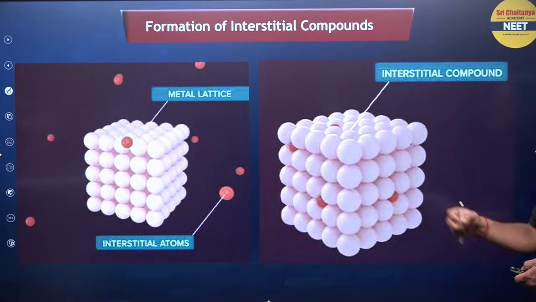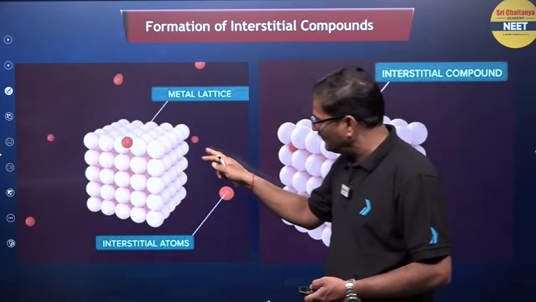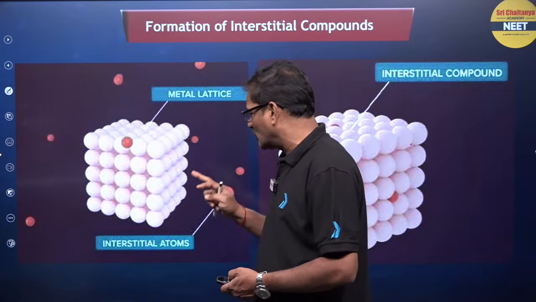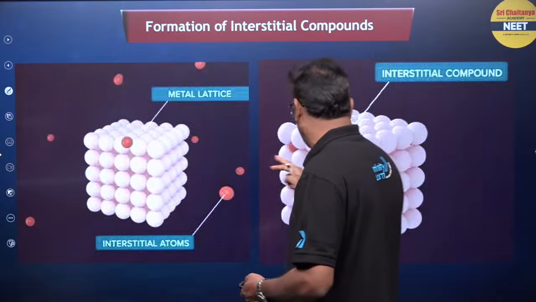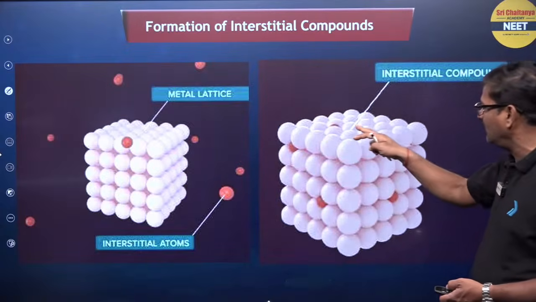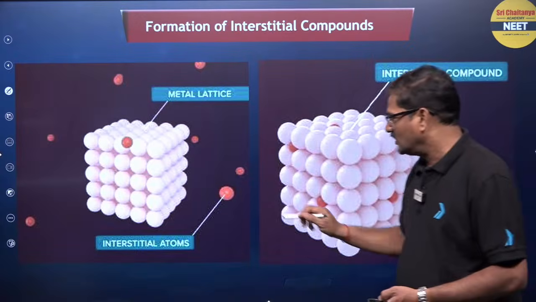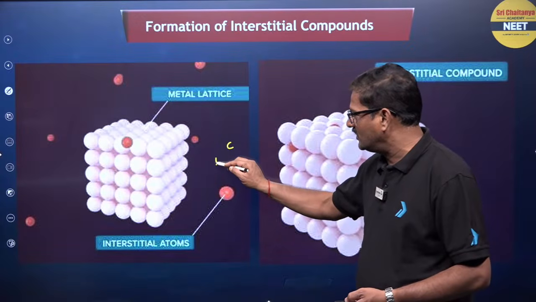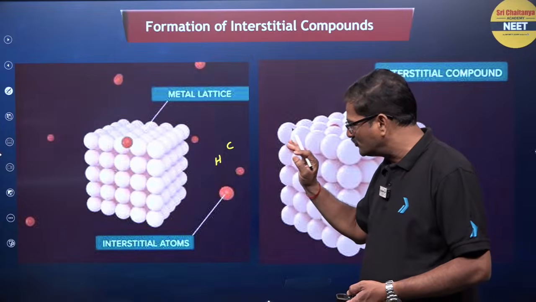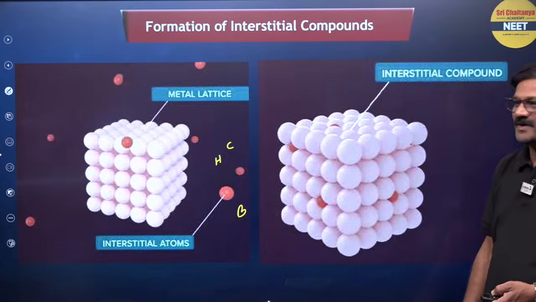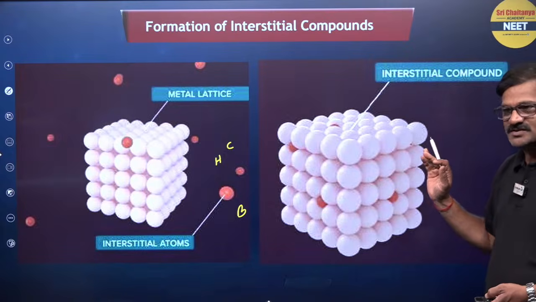And interstitial compounds. If you see the metal lattice, you can see some non-metals are going to be trapped in the gaps of the interstitial species. This can be carbon, this can be hydrogen, or this could be small atoms like boron also. Such compounds are interstitial compounds.